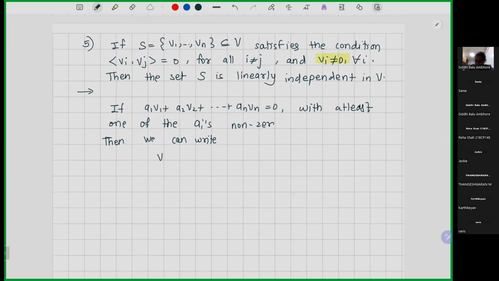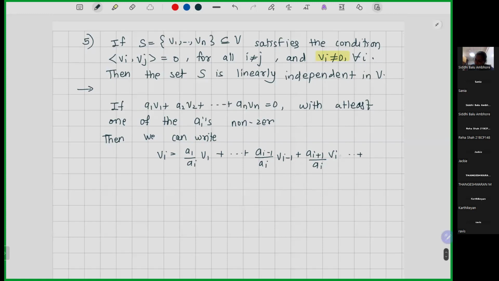So then we can write vi is equal to a1 by ai v1 plus and so on, ai minus 1 by ai v i minus 1 plus ai plus 1 by ai vi plus 1, plus so on up to an by ai vn.